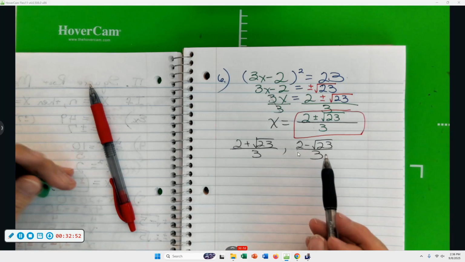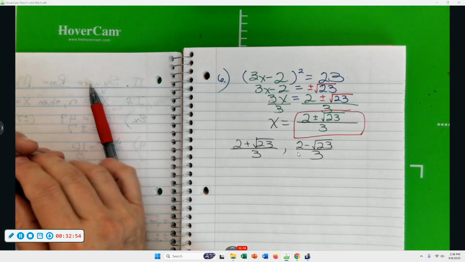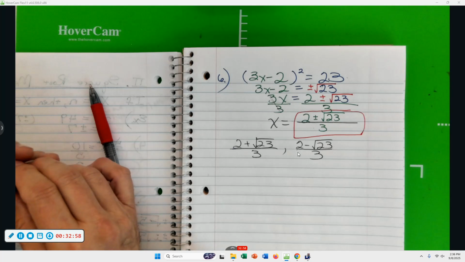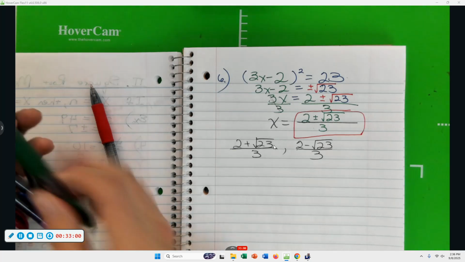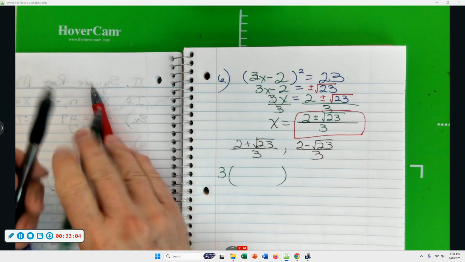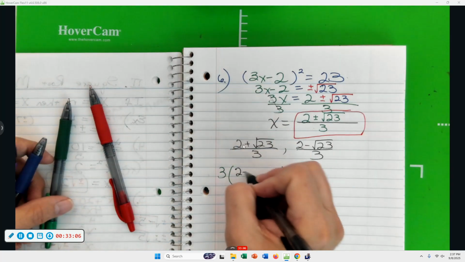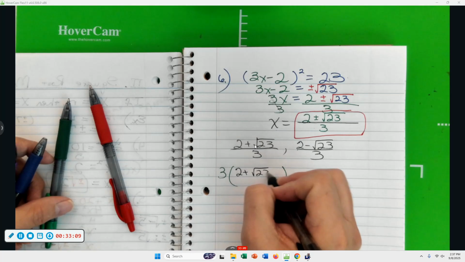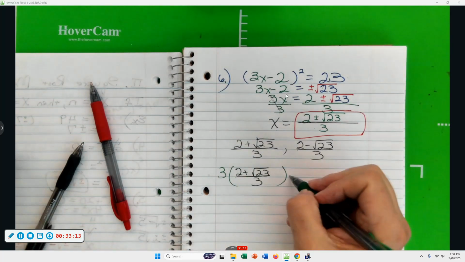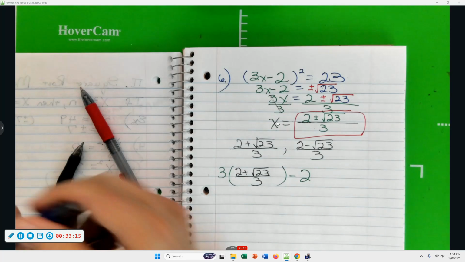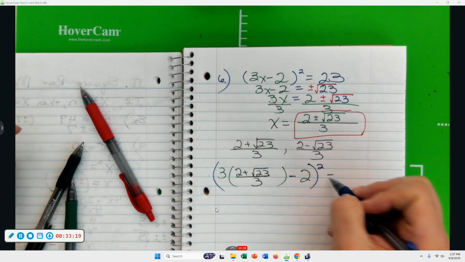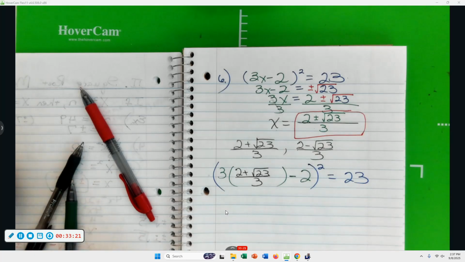Why don't you plug one of them in, and it's going to simplify really nicely. Check it the old-fashioned way. So we take the 2 plus the square root of 23 all over 3, plug it in, minus 2, that squared is equal to 23.